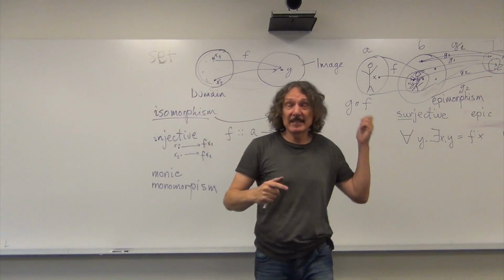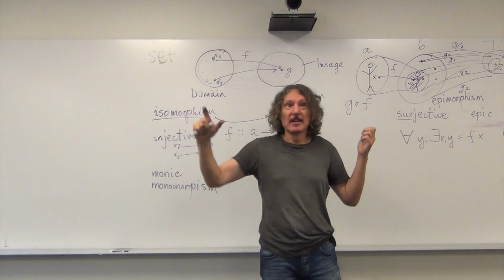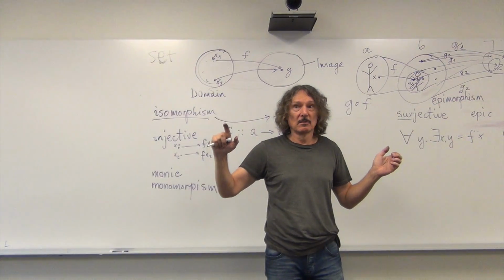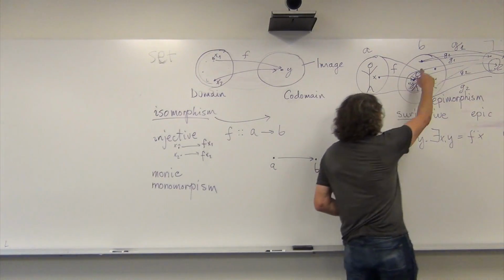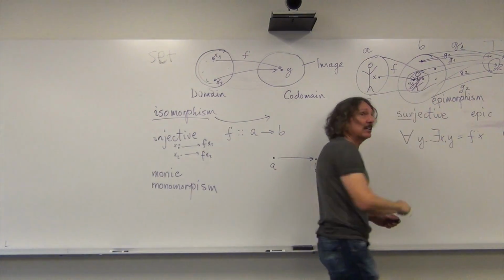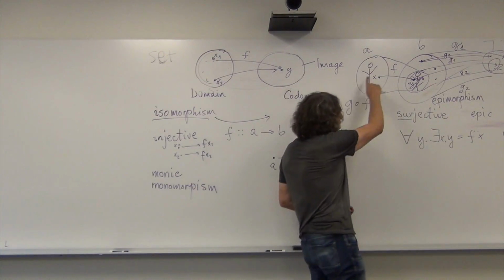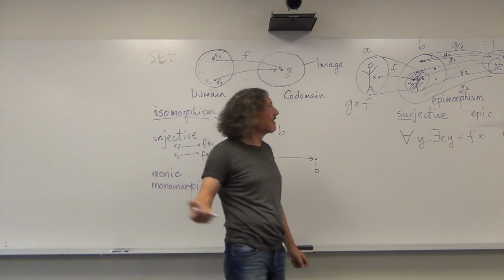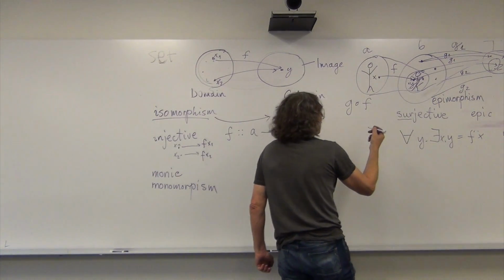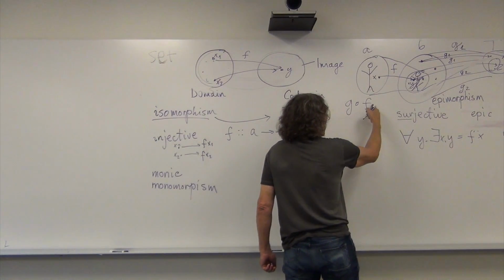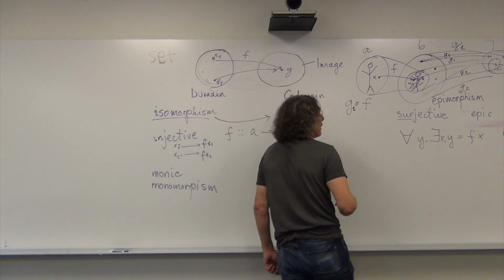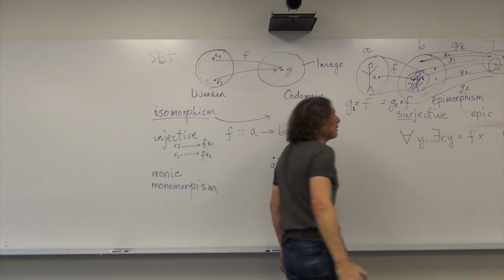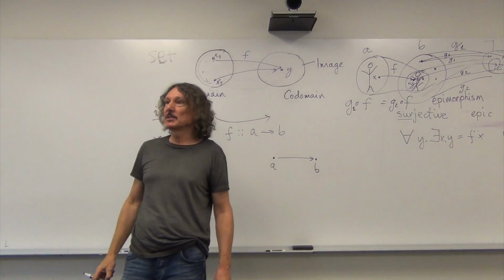That's the difference. The same point is mapped to two different points. That means g1 and g2 are different functions. But if they only differ outside in this halo, then the composition with f will be the same, right? So the composition g1 after f will be the same as g2 after f, even though g1 is different from g2.